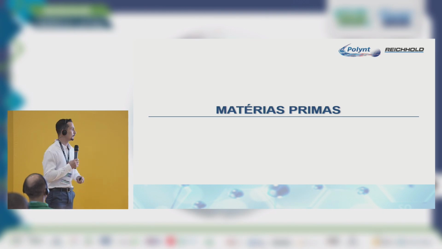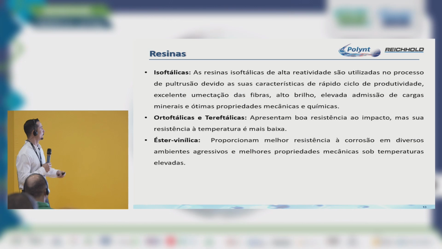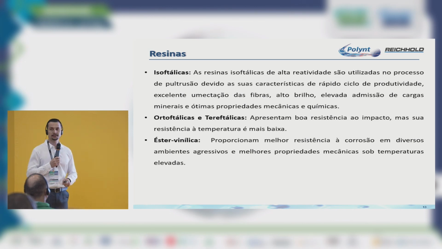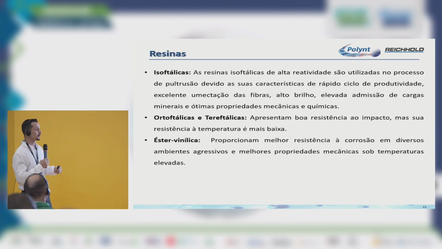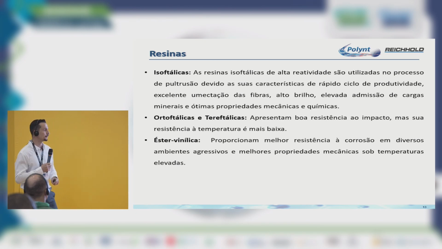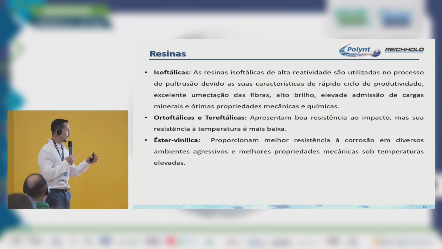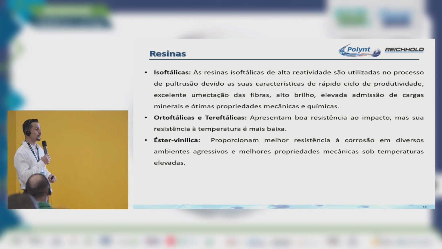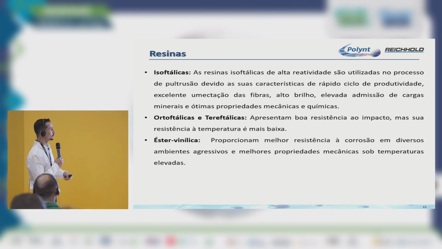Looking at the raw materials, looking at the part of resins, we have isophthalic, orthophthalic, terephthalic, and vinyl ester. With regard to isophthalic resins, as well as the ortho and vinyl ester, they have to be highly reactive.